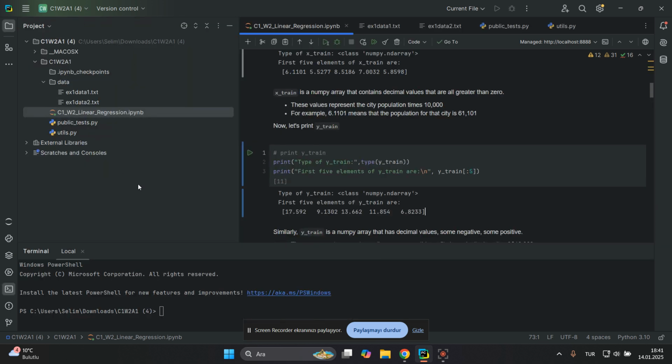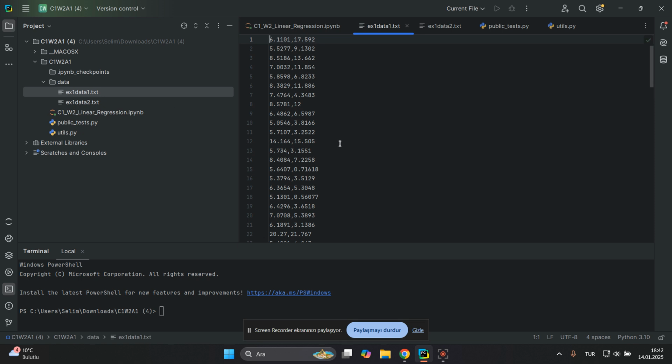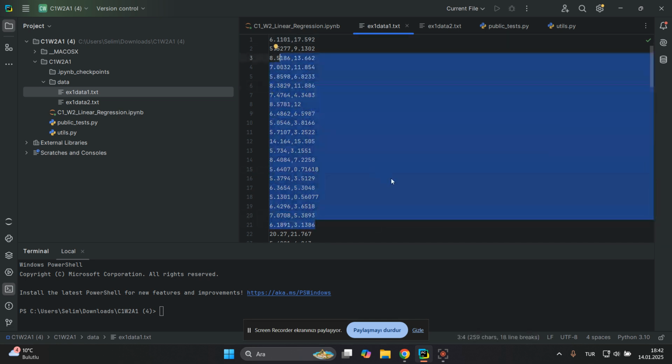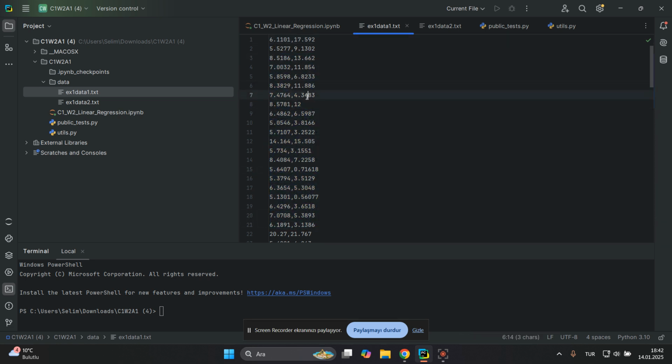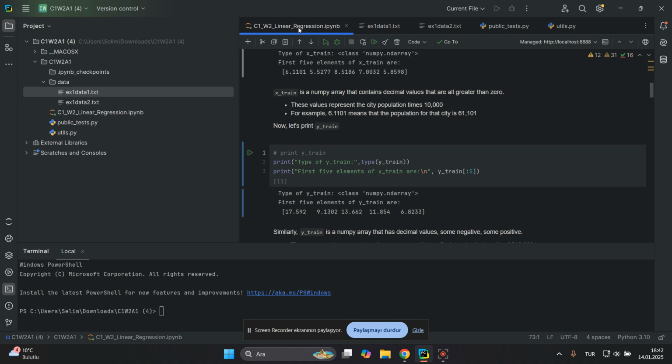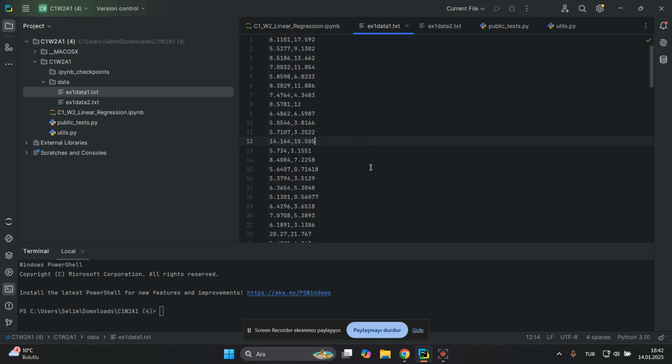Let's look at that data. This is the x values and this is the y values. I'm remembering from here, the left side is the x values, the right side is the y values.